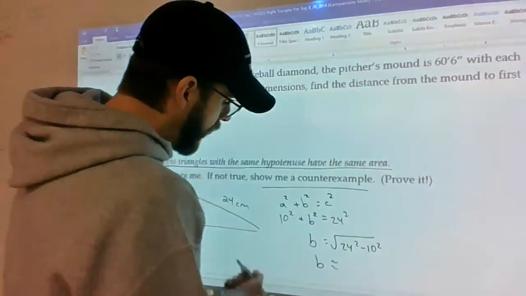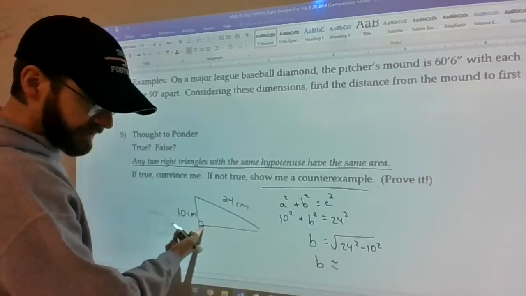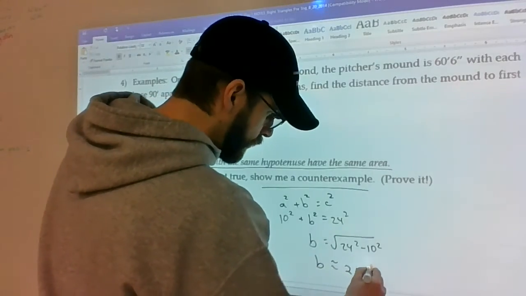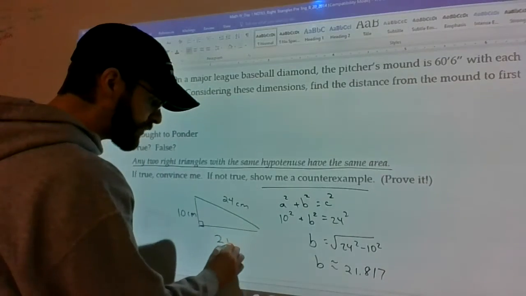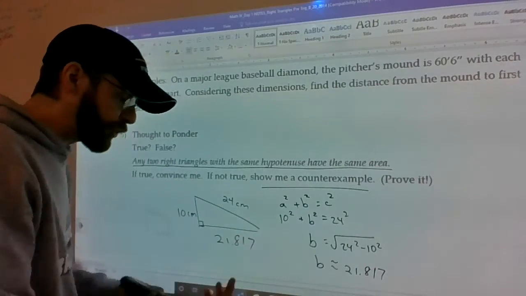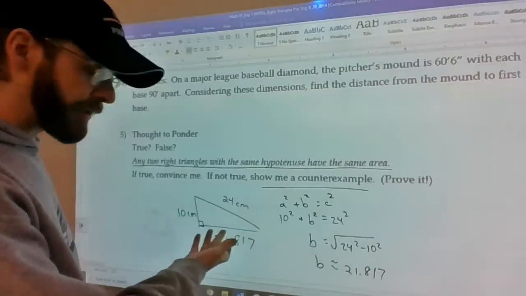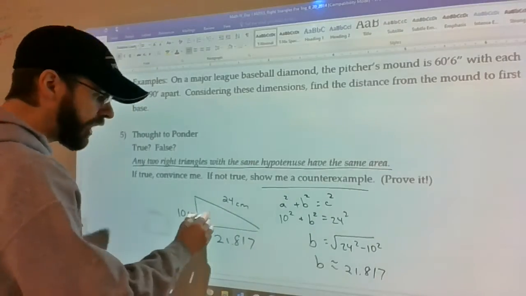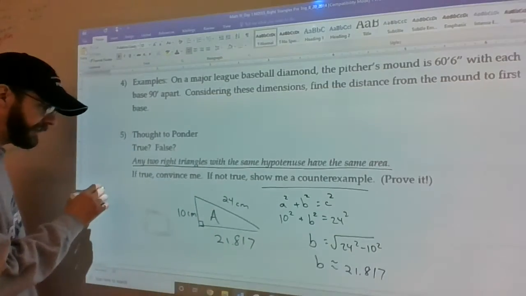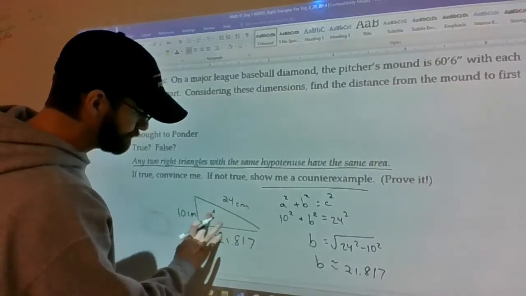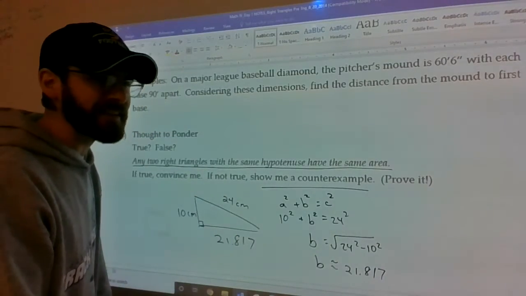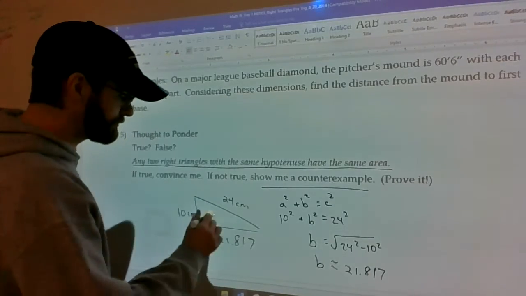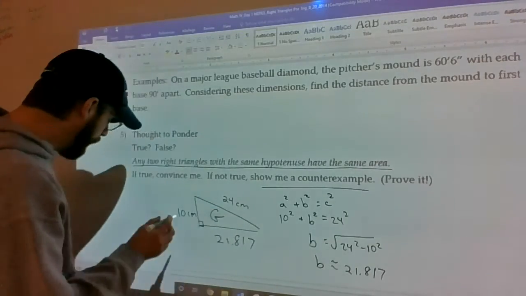Now, here's the reason why I needed to find this: I want to compute the area of this particular case where the hypotenuse is 24 centimeters. So how would I find the area? Let's call it triangle G. Why not?